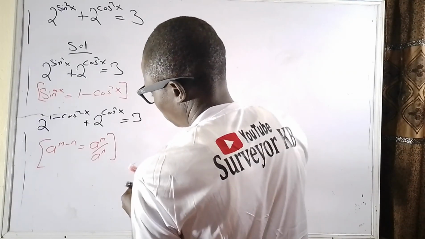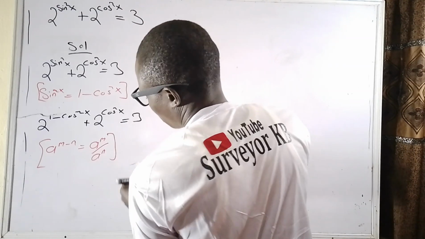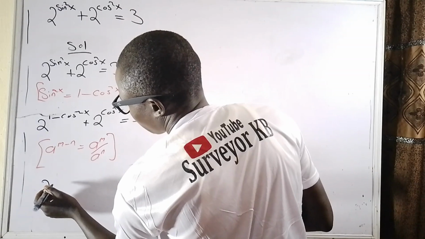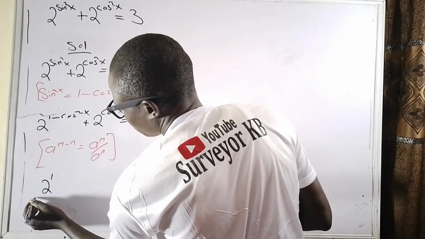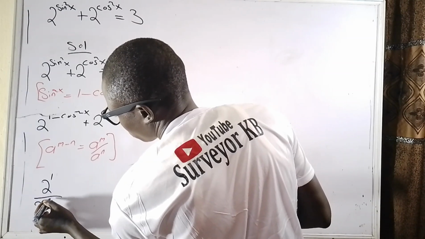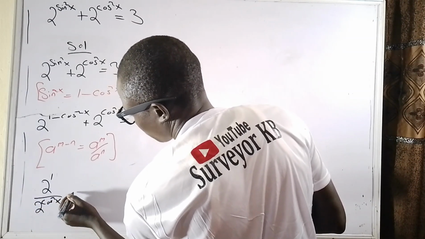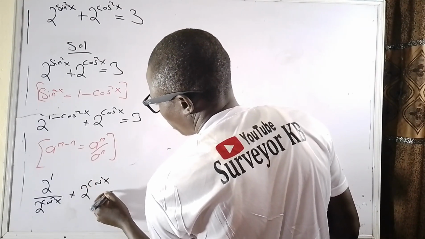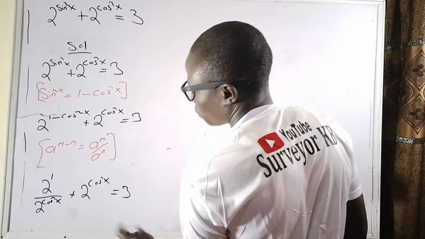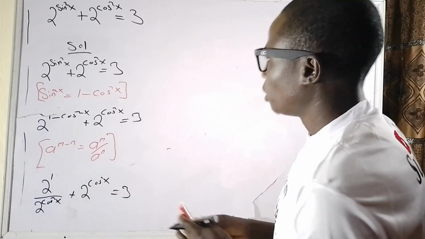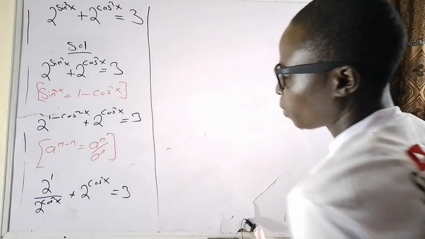So this is the same thing as 2 raised power 1 all over 2 raised power cos square x, plus 2 raised power cos square x is equal to 3. Going by this, let me divide the board.